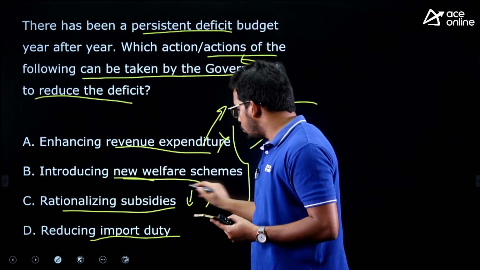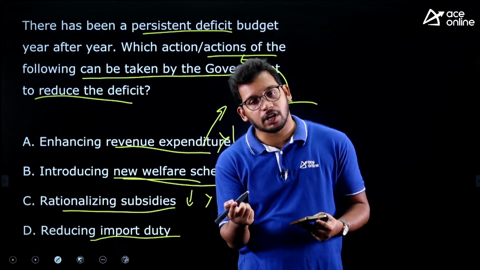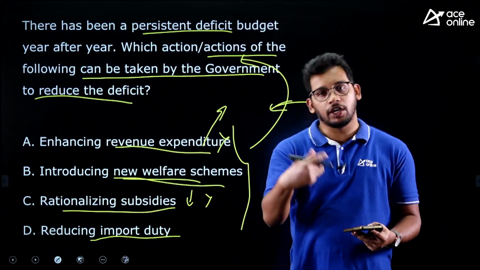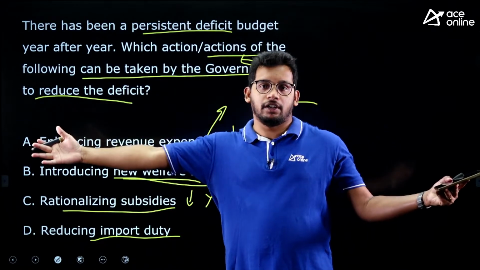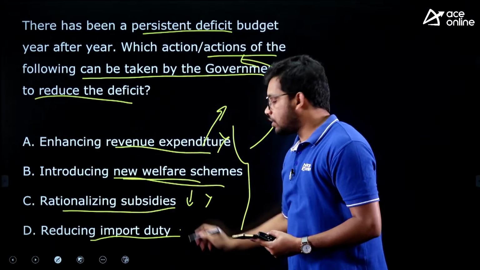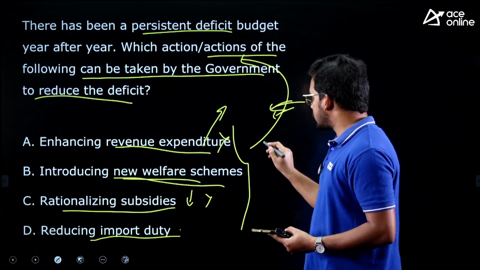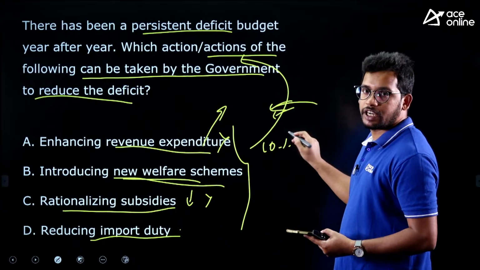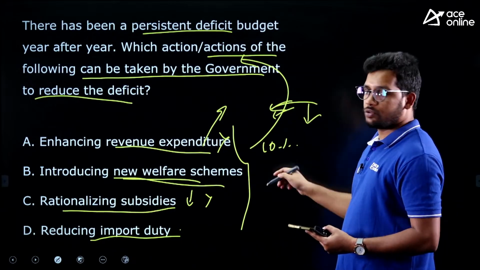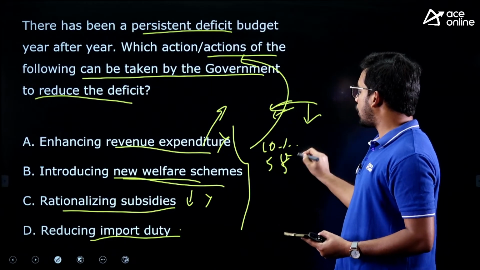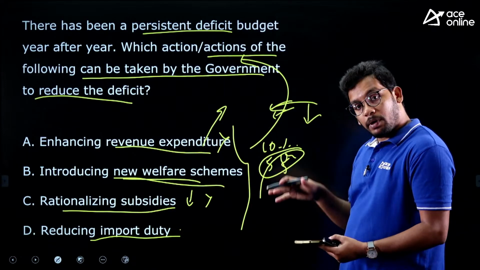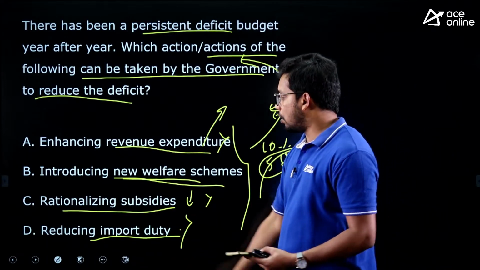Now the second one, new welfare schemes. If new welfare schemes are launched, the government again requires money to give. So the deficit will widen again. And reducing import duty: for example, if they are getting 10% import duty, 10 crore, and the government reduces it to 5%, they will lose 5 crore. So government money is reducing. So this is also wrong.